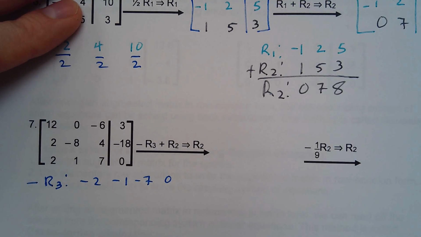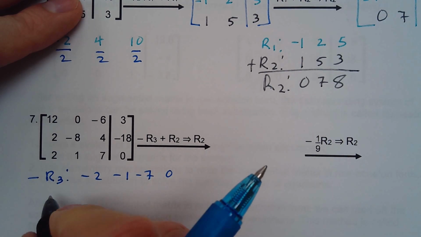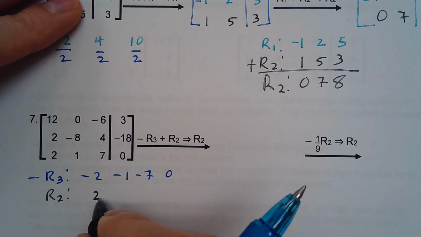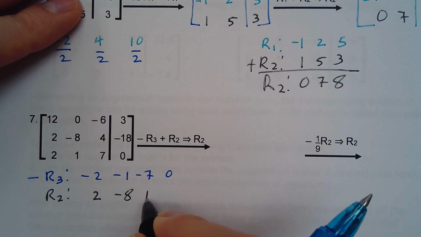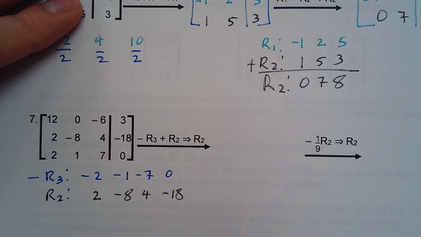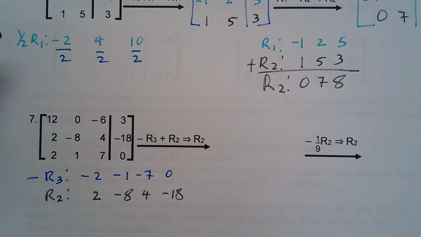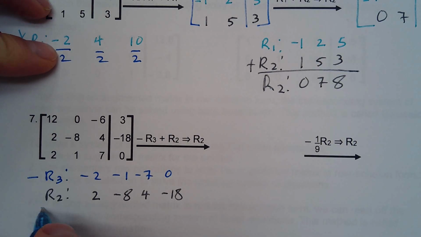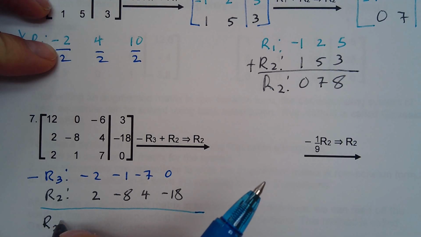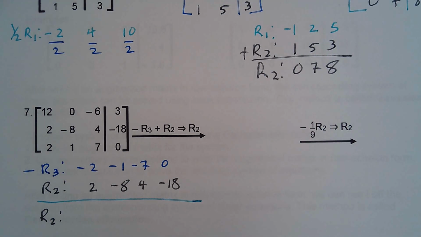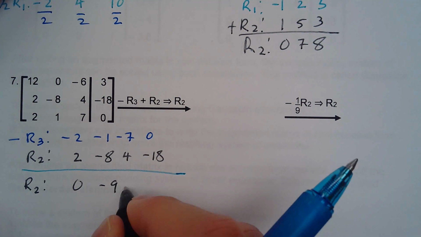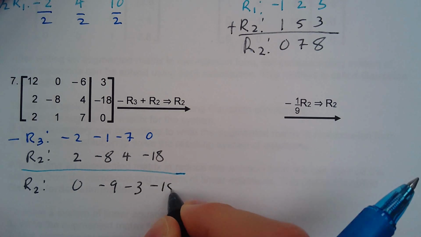We're going to add that to row number 2. And when we do that, that will give us our new row number 2. That'd be 0, -9, -3, -18.